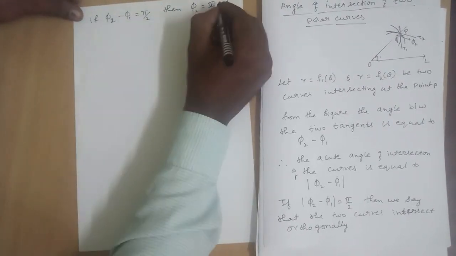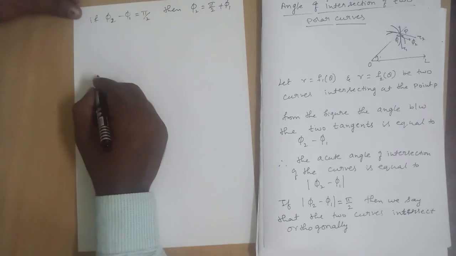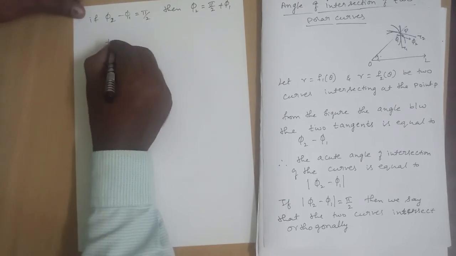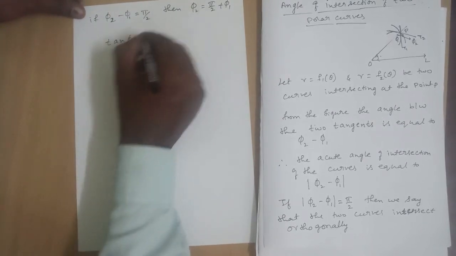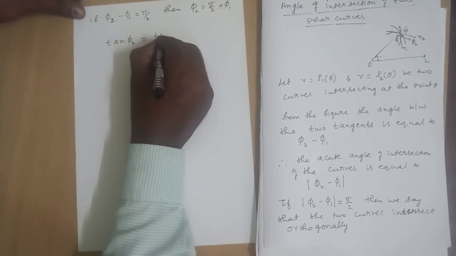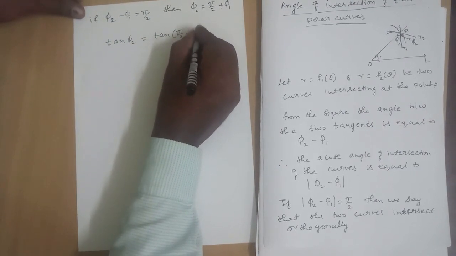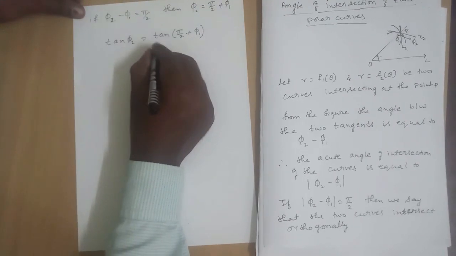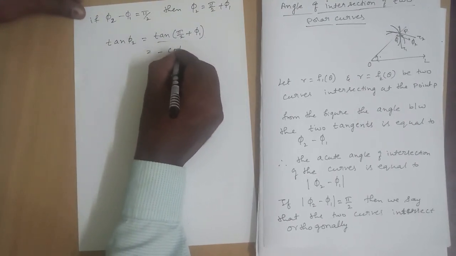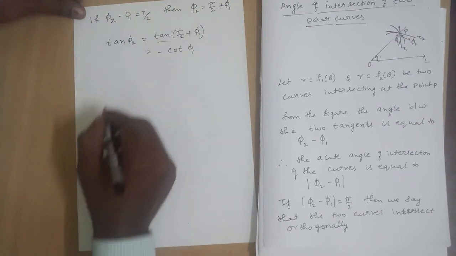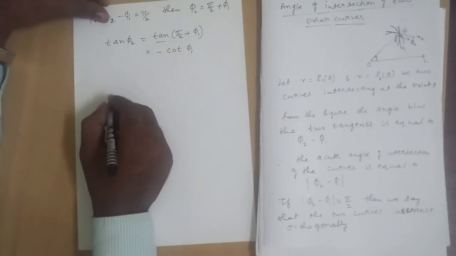Then I apply tan on both sides: tan phi 2 equals tan of pi by 2 plus phi 1. So this can be written as minus cot phi 1, since tan of pi by 2 plus theta is minus cot theta.